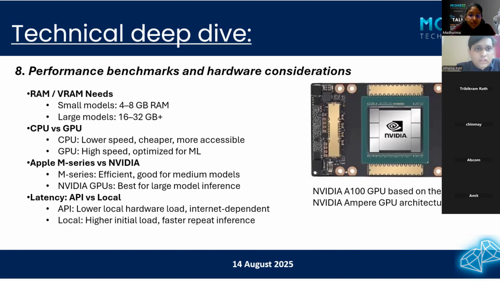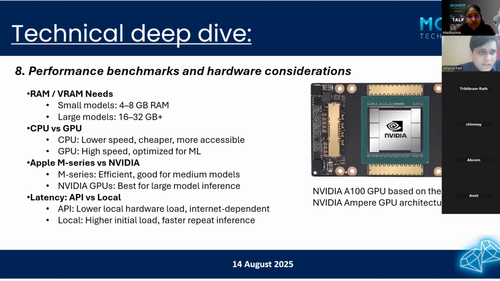Now, performance benchmarks. For any local host model we are using, we have to consider the hardware we have. If you go to the OLLAMA website, there is a list of the hardware you need for any model you are considering, and also its specifications.